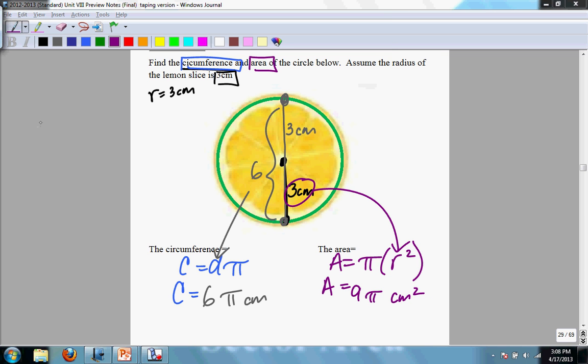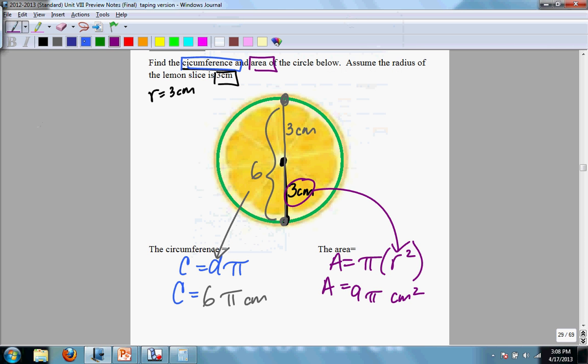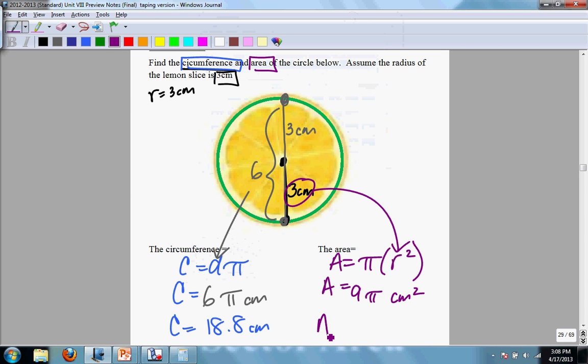We can multiply them out so you can see both versions. 6 times pi, rounded to the tenths place, is 18.8, so C equals 18.8 centimeters. And 9 times pi is 28.3, so area equals 28.3 centimeters squared.